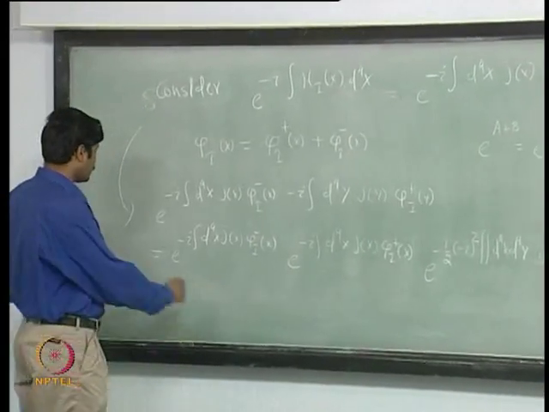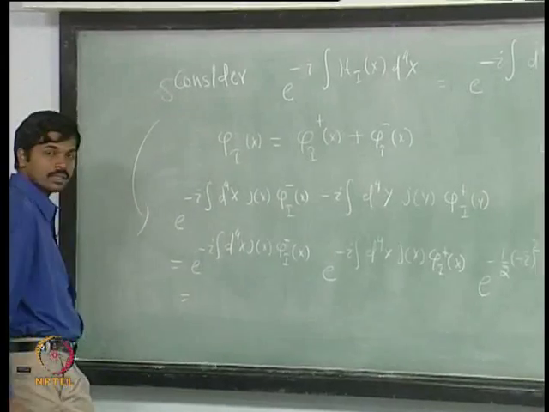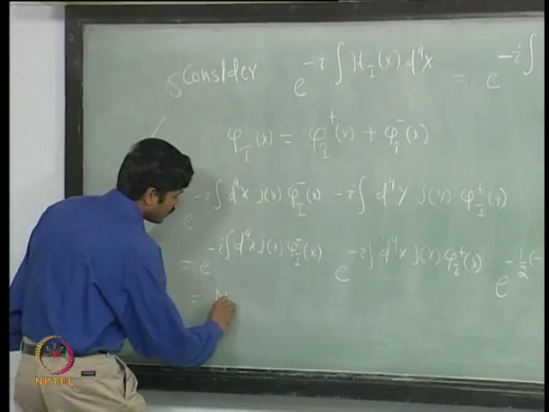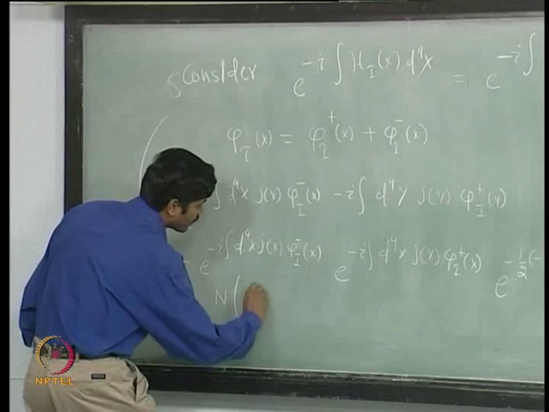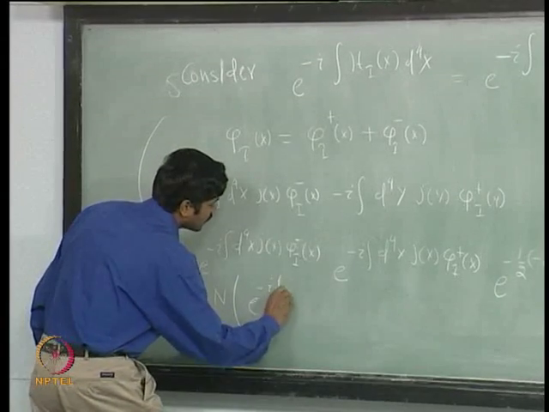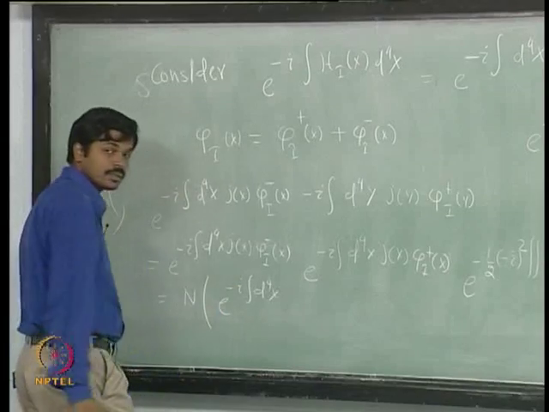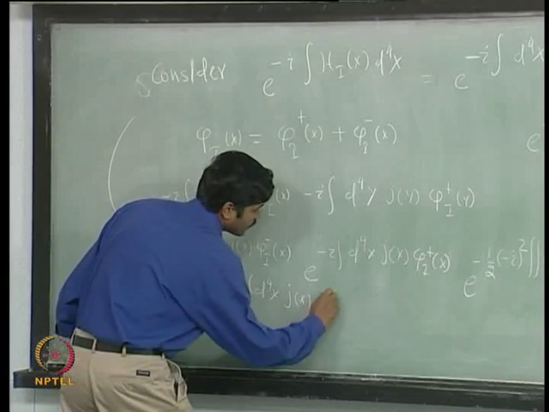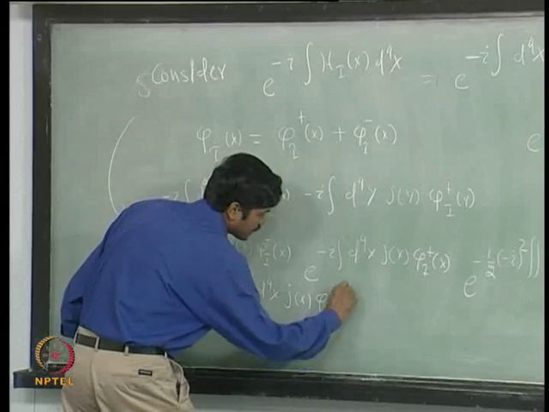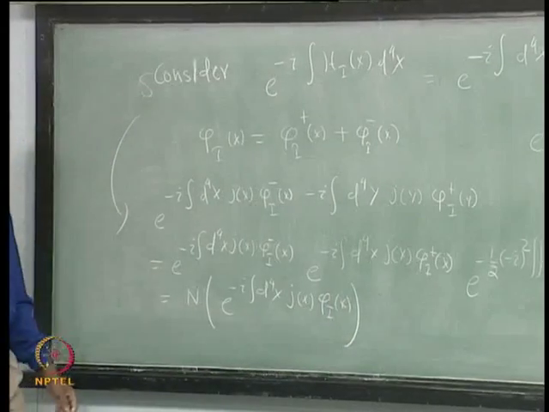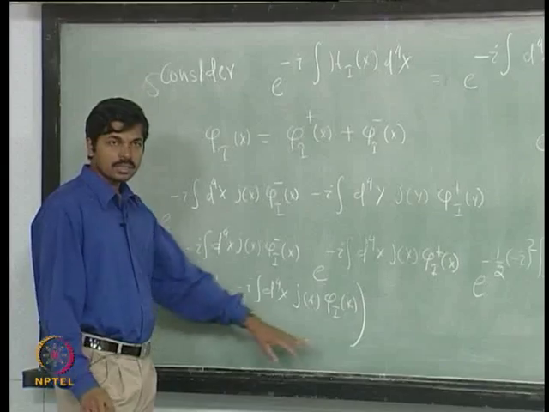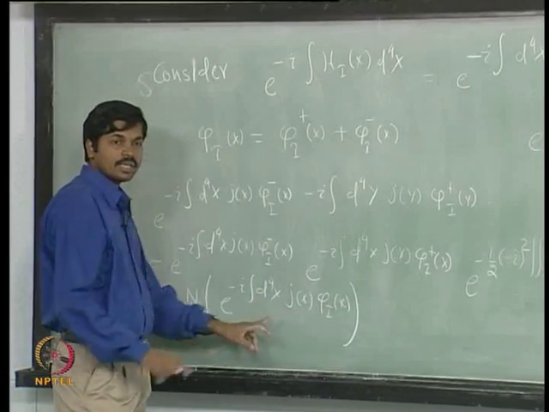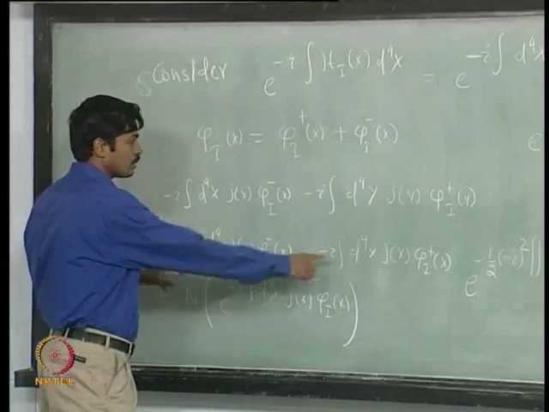So, what I can do is I can rewrite this as normal ordering of e to the power minus i integral d4x j of x phi_I of x, because if you consider this exponential term here and do normal ordering, this is what you will get.